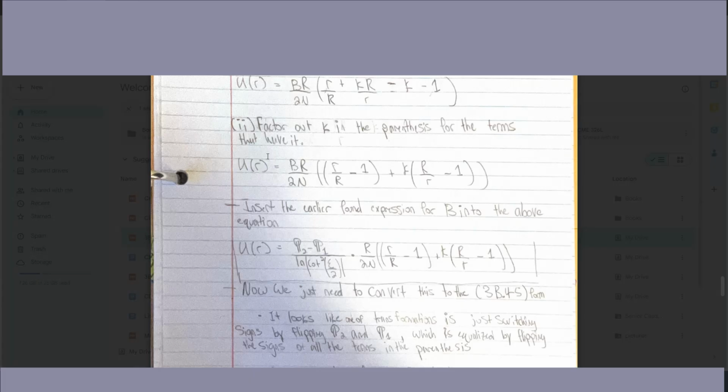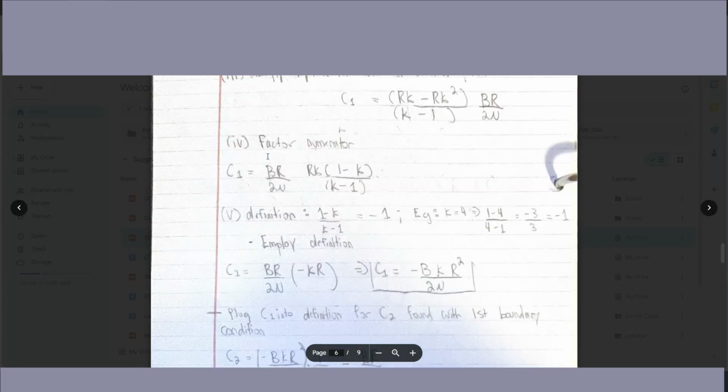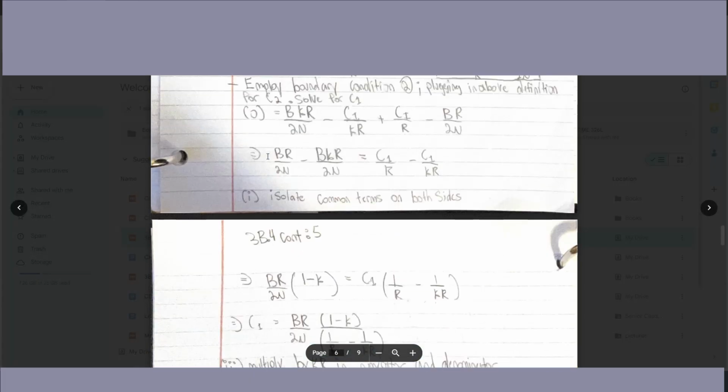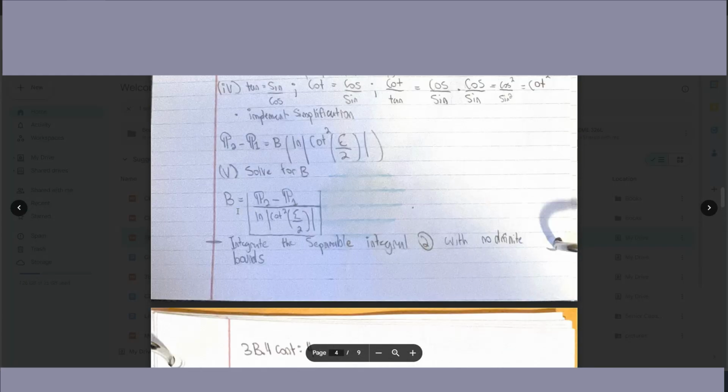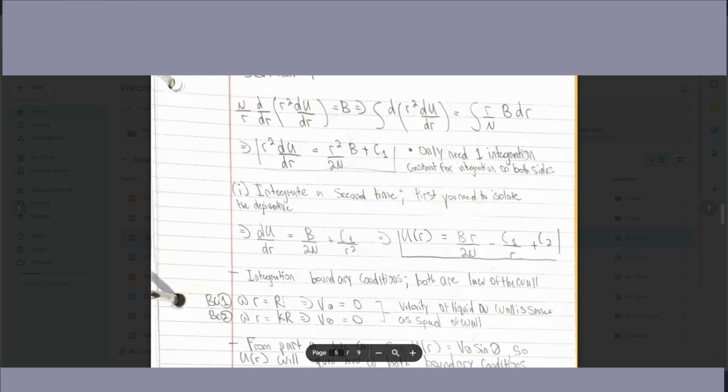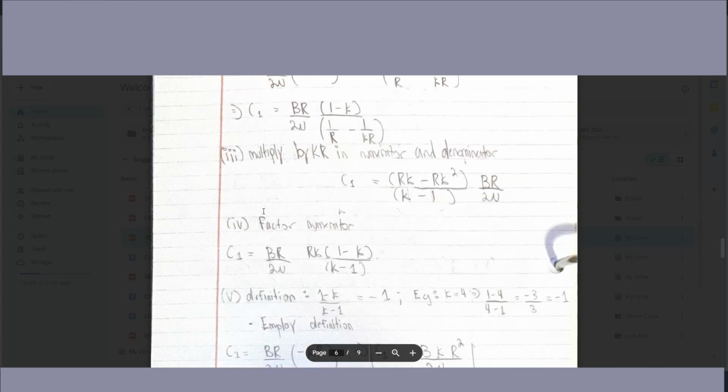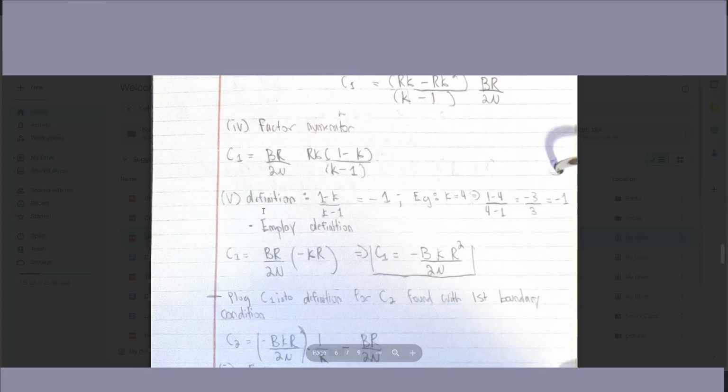Insert the other found expression for B into the above equation. So we're just trying to get B alone, in one term by itself. So I think that's the main purpose of doing all this simplification. So yeah, plugging B in. That's again why we need both sides of the equation, I guess.